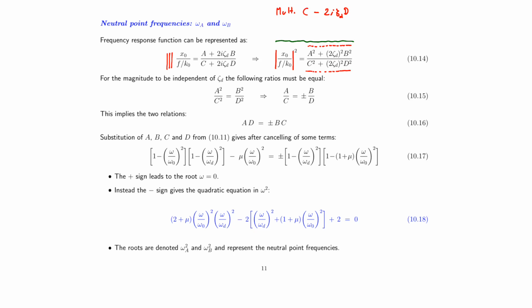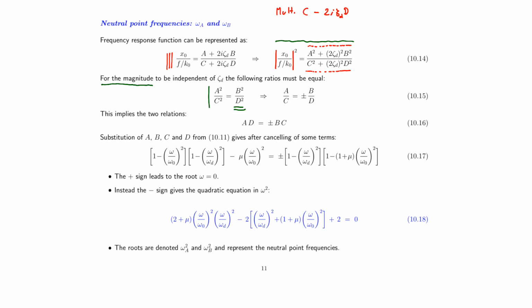Now, for the magnitude of this expression in 1014 to be independent of theta d, we need to fulfill the following relation, namely that the ratio between the two real parts squared must be equal to the ratio between the two imaginary coefficients.